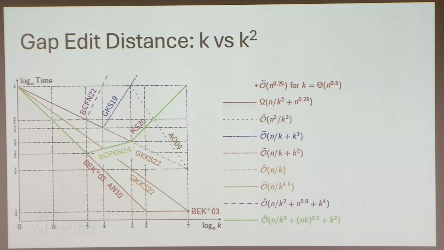So in the previous slide, you had ordinary k versus k to the c. What's particular about k squared? Oh, right. Yeah. We like this quadratic gap edit distance problem. There are a couple of reasons why we thought k versus k squared is kind of fundamental. One was that for embedding from edit distance to Hamming distance, we see this kind of quadratic blow up. So k versus k squared.